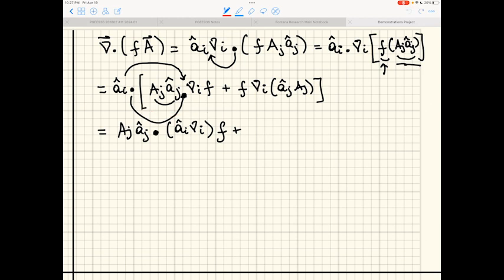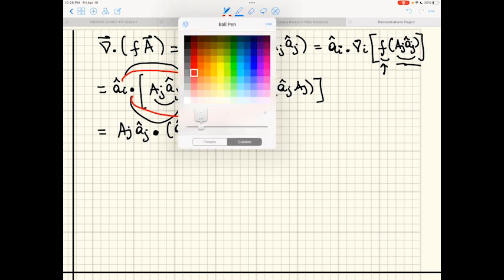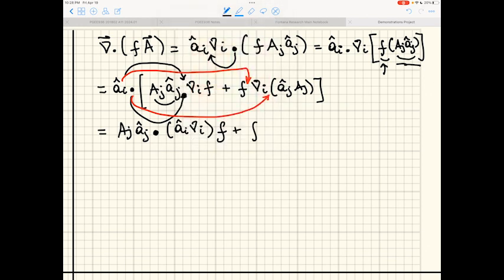In fact, not there. I put the dot right here. And a_i goes over here. Okay? So it's going to be plus F a_i nabla_i dot a_j.